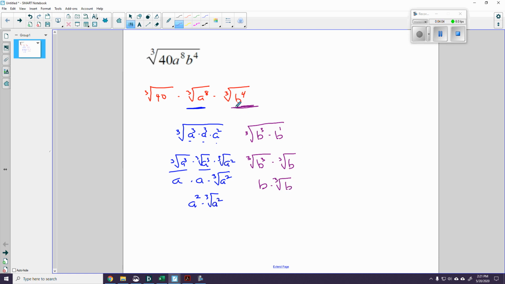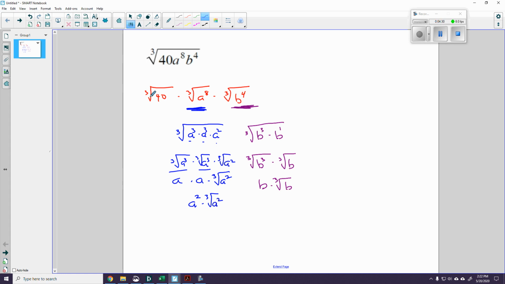One way I look at it is I'm trying to get as many b cubes out of here as I possibly can. Over here, I was trying to get as many a cubes as I can, because then I'm taking the cube root of an a cubed, and I can pull an a outside the radical sign. So I've done this piece and this piece.